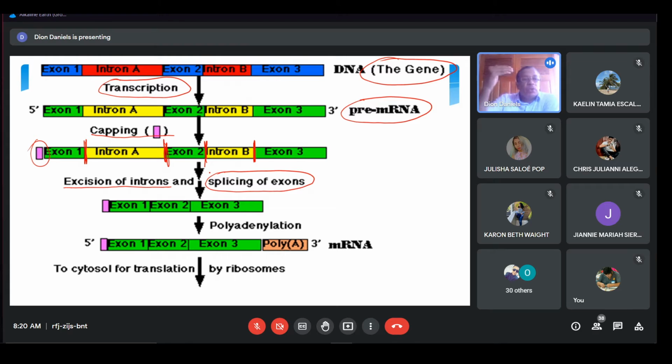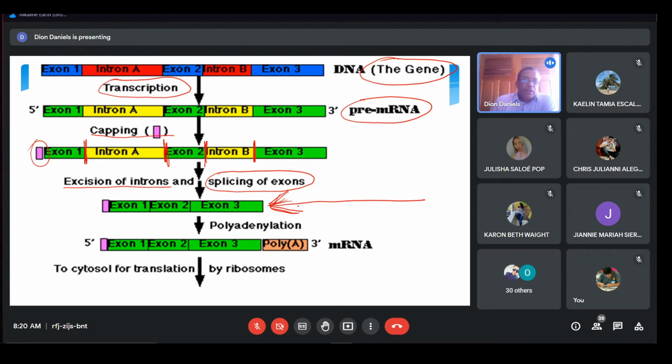The introns are actually cut out, because remember we said that introns play no role in terms of gene expression. So they have to be cut out. So the introns are excised and the exons are spliced. And that is what we have here at this level. So if we notice, we have our capped 5' end and we have only exons. The introns have gone. Those have been excised.